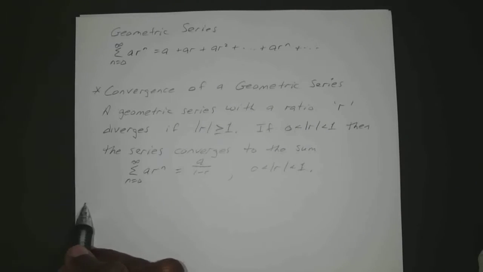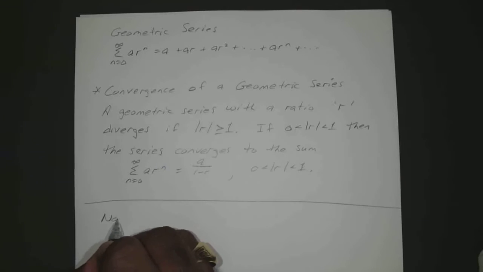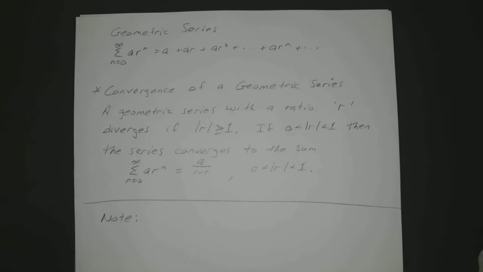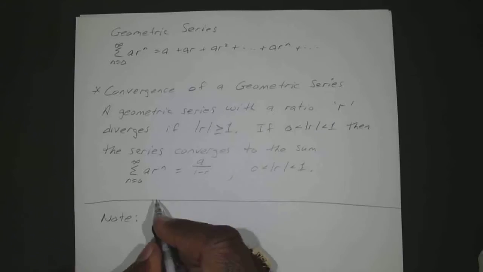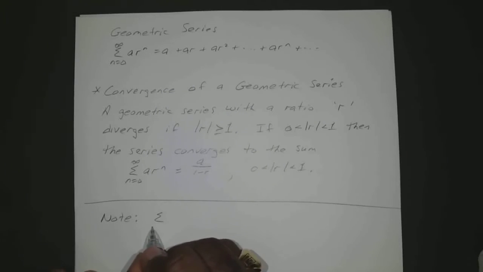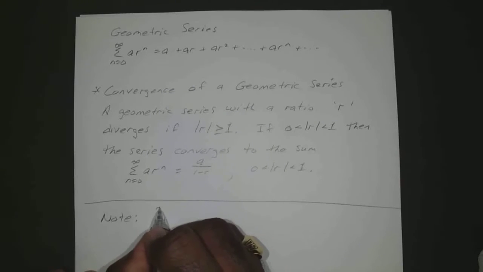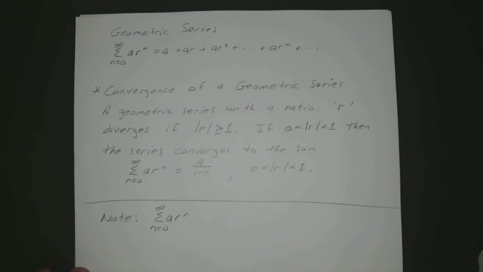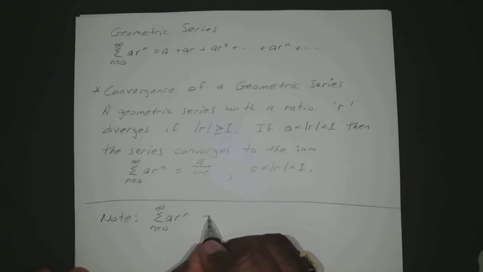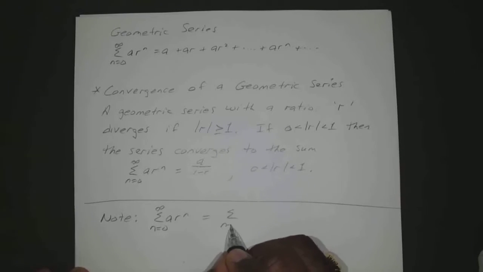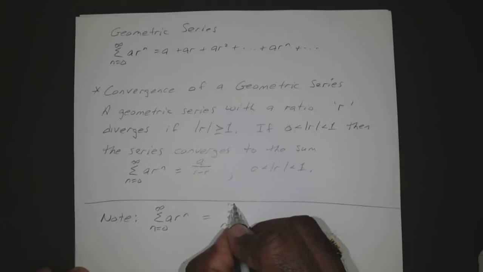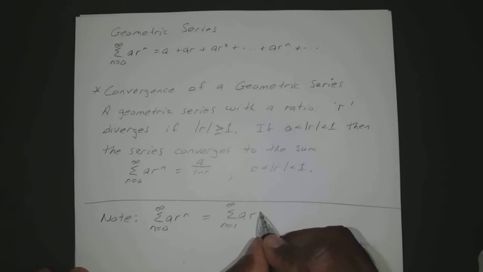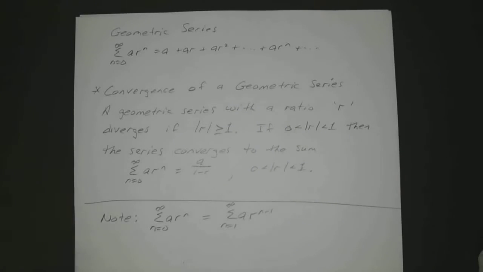Okay, now the one thing you want to note, because sometimes you'll see it written different ways, is that the sum from n equals 0 to infinity of a times r to the n is the exact same as the sum from n equals 1 to infinity of a times r to the n minus 1.